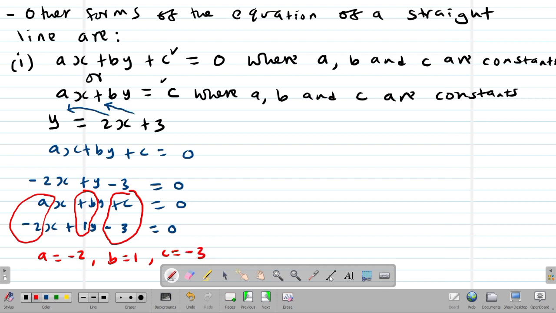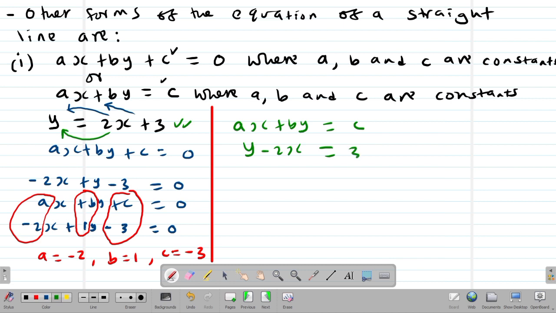The same equation can also be rewritten in this particular second format. Remember, our second format was ax plus by is equals to c. So I'll simply take this particular value towards the left-hand side, so that I'll have y, then of course minus 2x being equal to positive 3, which can be rewritten as negative 2x, then of course plus 1y is equals to 3.